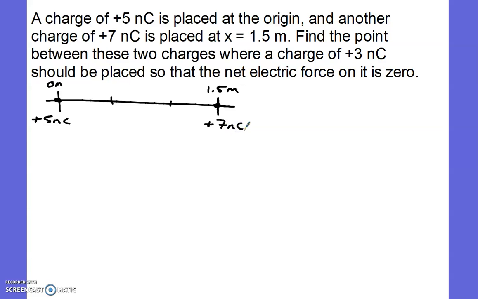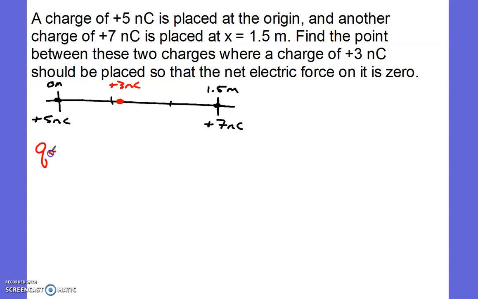We want to know where to place the positive 3 nanocoulomb charge to make everything in equilibrium on it. Because the 5 has a smaller amount of force, we're actually going to place that third charge somewhere closer to the positive 5. So this positive 3 we expect to be a little bit closer to the 5 than it is to the 7.